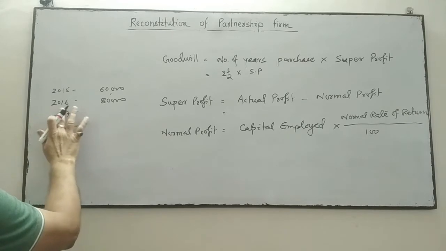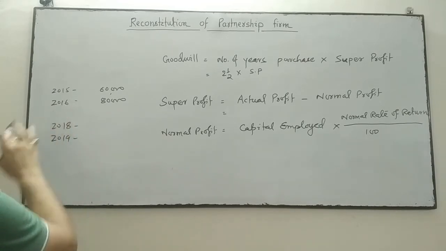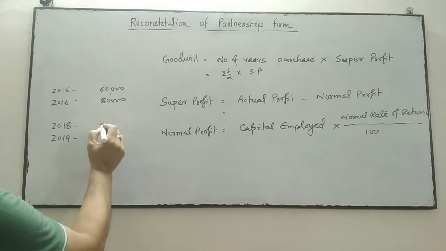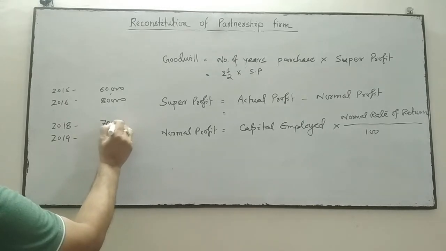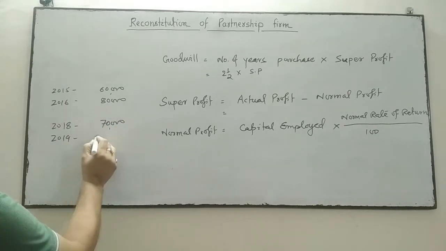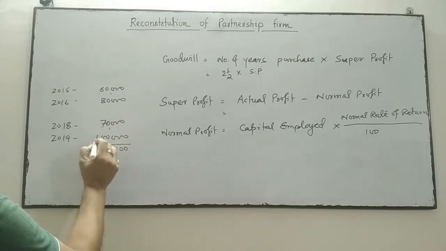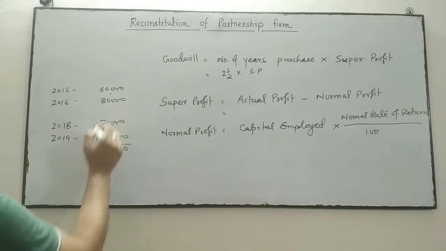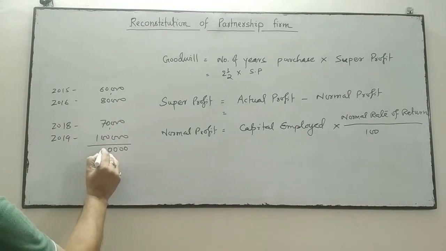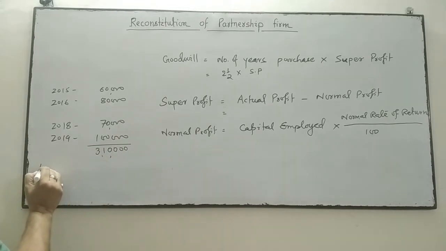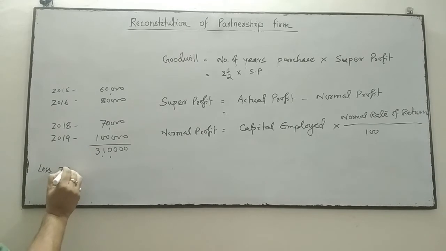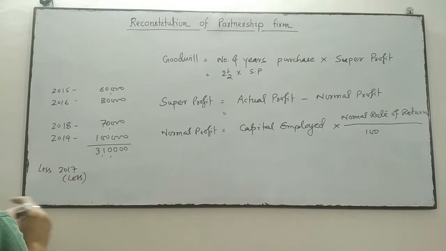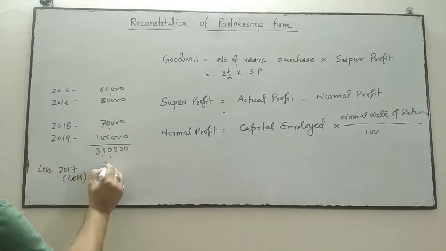In 2017 there is a loss, so we'll deduct it later on. 2018 is 70,000 and 2019 the profit is 1 lakh. So total of 4 years profit is 3,10,000, less the 2017 loss of 20,000.